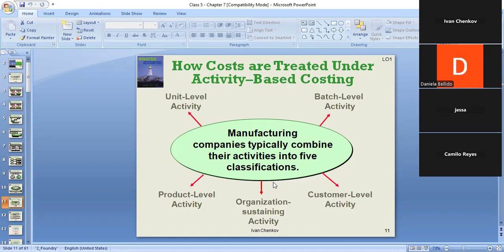Well, let's put it this way, what will determine my batch level? In that case, we're going to go a little bit further in the process, and we're going to find out how much is the capacity of my oven. If my oven can bake at the same time a maximum of 15 breads, that will be my batch.